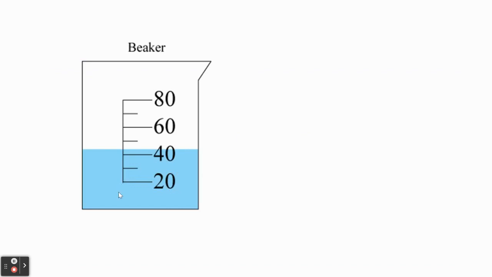So let's look at a beaker that contains some liquid. And if we look, the level of the liquid is between 40 and 50 milliliters. So we would say that the 4 is our certain digit and the 3 is the uncertain digit, our estimation of where we think that level is between 40 and 50 milliliters.